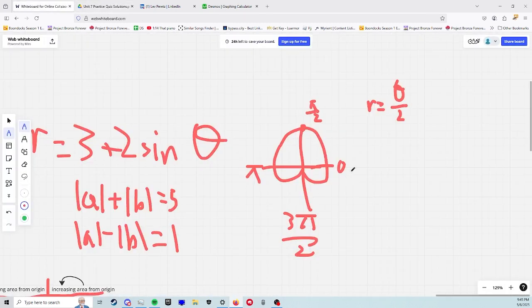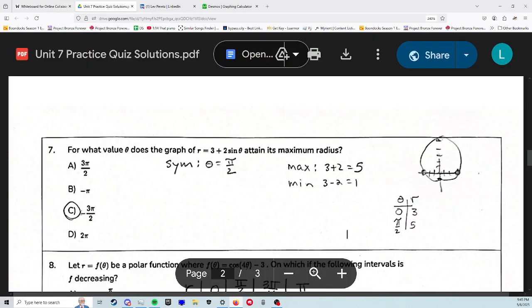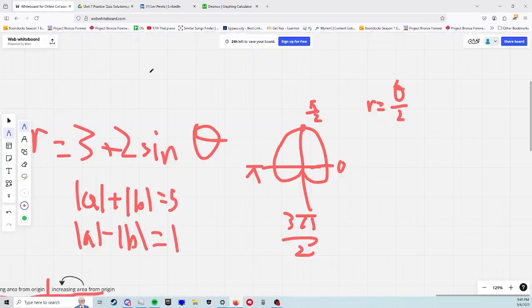Negative pi would just be like this, this is pi, goes over, so it's 0, or 2 pi, whatever you want to call it. Does it reach the value at negative 3 pi over 2? If you add a negative, it goes around, so this goes into here.